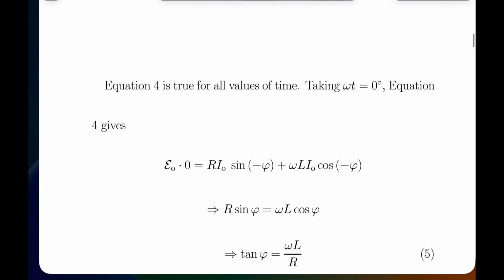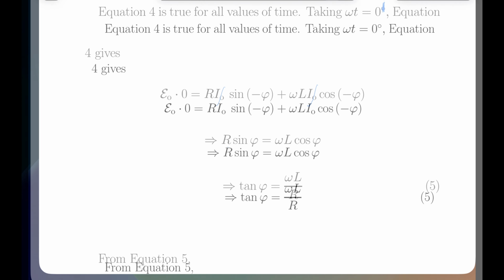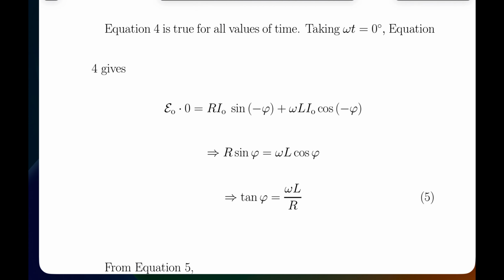So this equation 4 is true for all times, and therefore we take omega t equal to 0. So equation 4 gives you E naught into 0, because sine omega t is sine 0 and sine 0 is 0. So left hand side of the equation is 0.